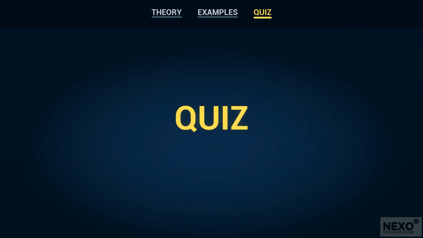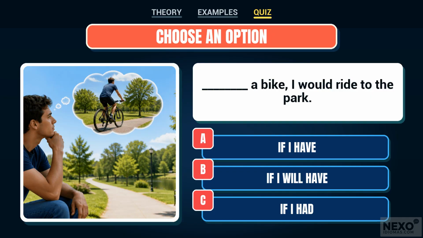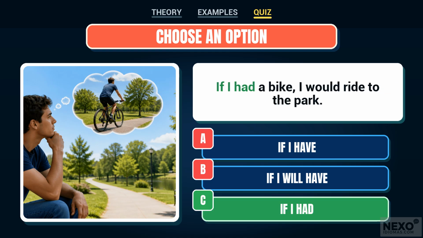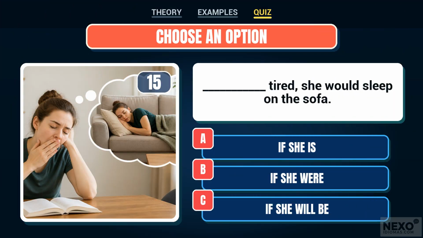Quiz. If I had a bike, I would ride to the park.